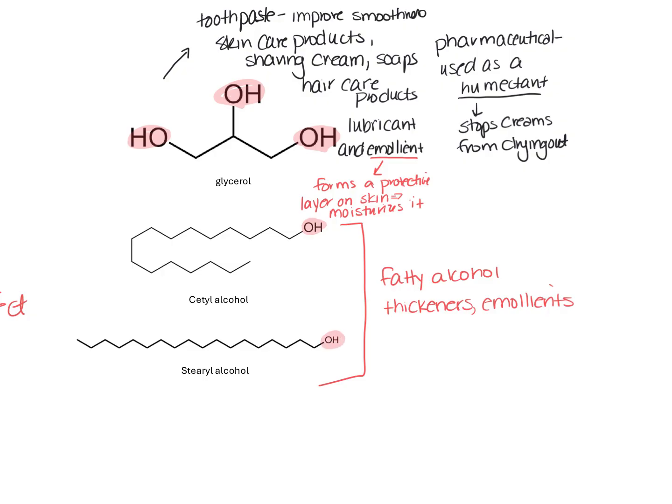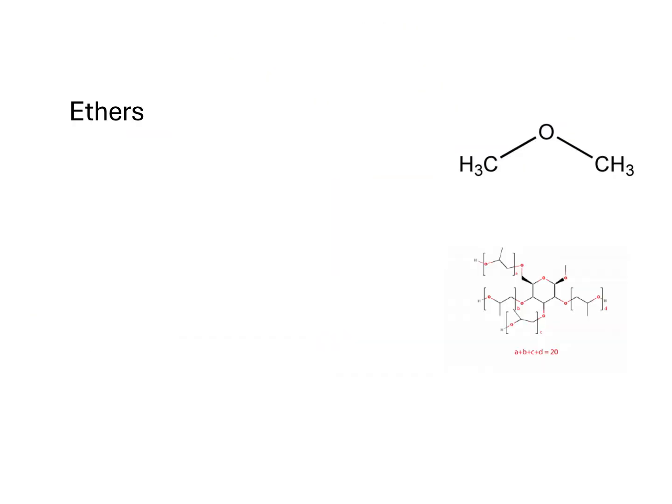The next functional group that we're going to talk about are ethers. These are molecules that have an oxygen in between 2 carbon molecules. So I'm going to use the R groups there just to show us carbon molecules. This is the simplest example of an ether. The name of this is dimethyl ether. It's got the 2 methyl groups on either side.